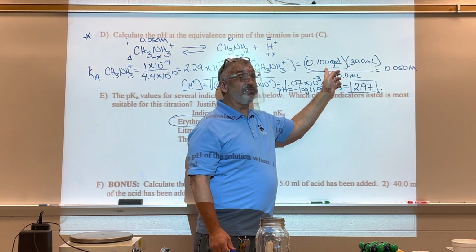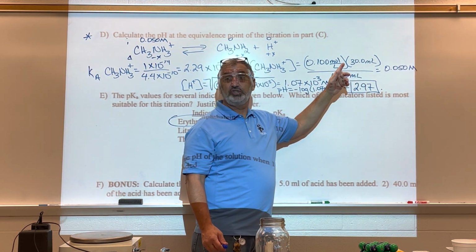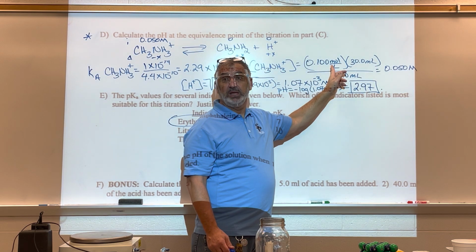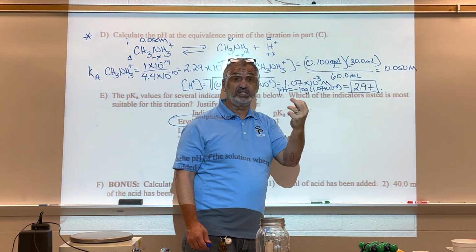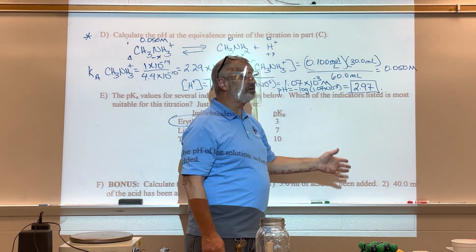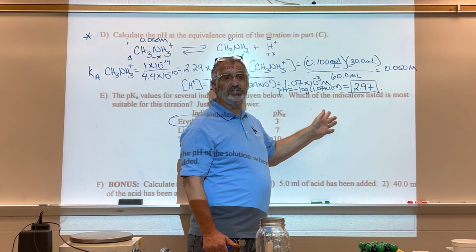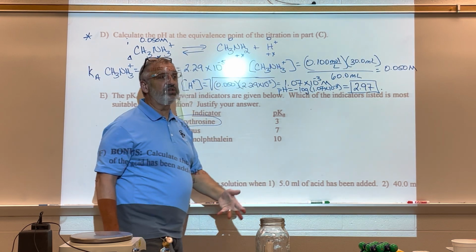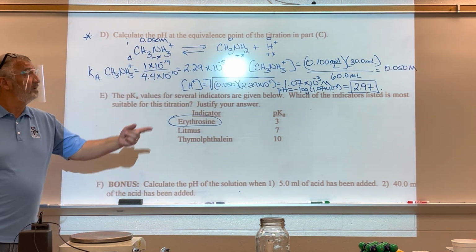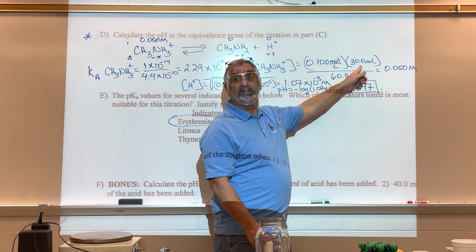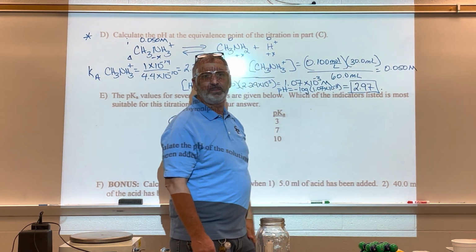Since that was given, I'm just going to use it, but you could have used the acid in this one, because we know we added 30 milliliters and it told you that the acid was 0.1. From the graph or from your later calculations, you knew it was 30 milliliters, so you could have used that one too, but it would have been 0.1 times 30, the exact same thing.